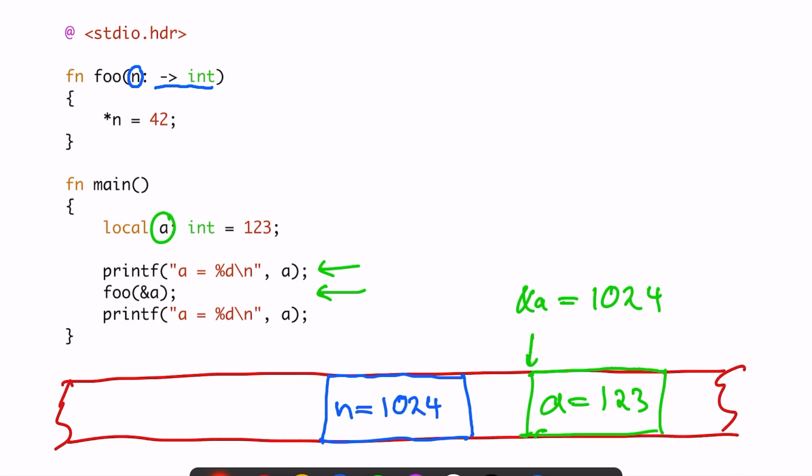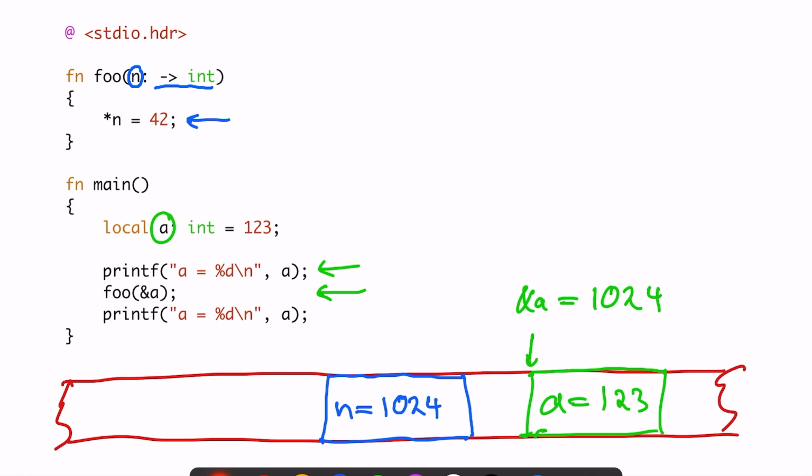And here in this statement, in this assignment, we are not changing the value of n. We do not assign a new value to n or change the value stored in this blue box. What we are changing is what is at the end of this pointer.